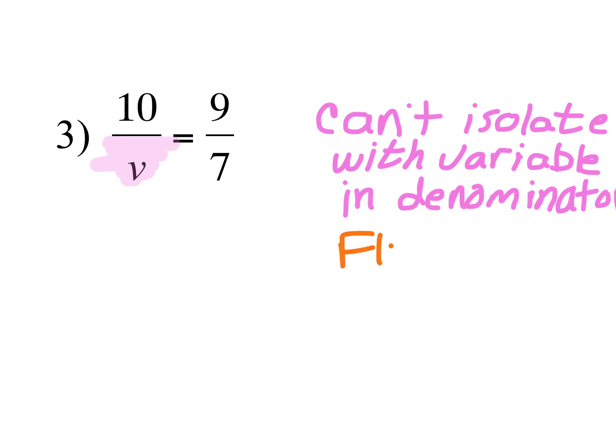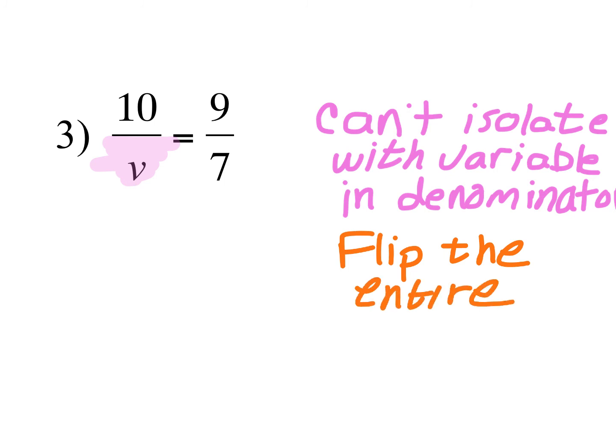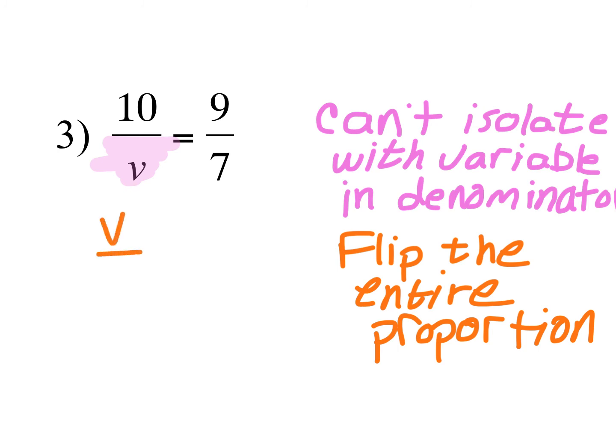So all you need to do is flip the entire proportion. So what I mean by that is instead of 10 over v, it's just going to be v over 10. And instead of 9 over 7, it's going to be 7 over 9.